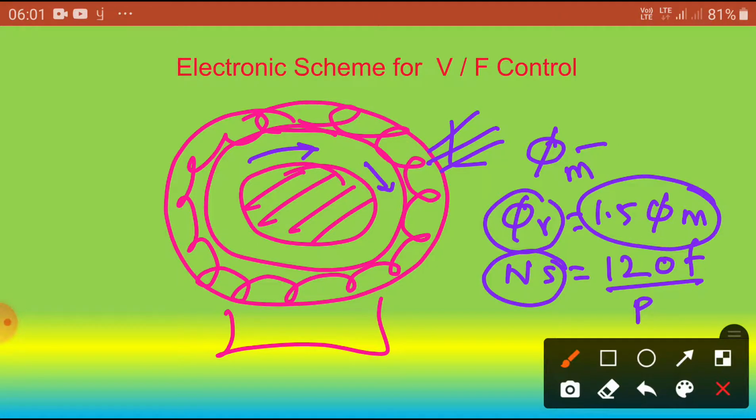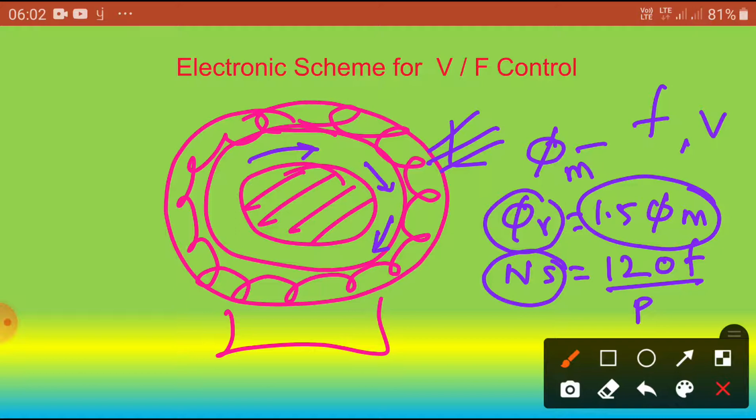If we change the frequency or change the voltage independently, then what will happen? The flux in the air gap may lead to saturation. If saturation takes place, automatically the motor performance changes. So we don't want that disadvantage.